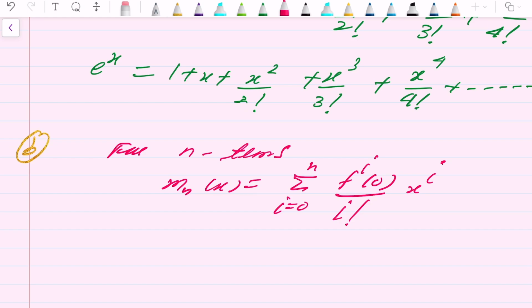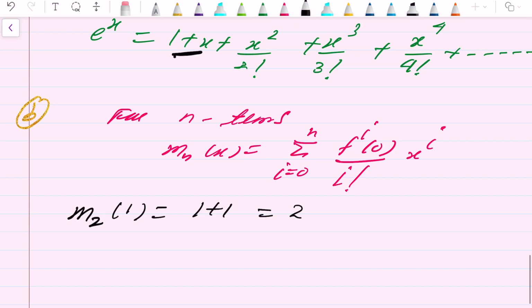Now if we consider the first two terms, m2 at, okay, let's say at 1, that will be equal to 1 plus 1, that will be equal to exactly 2.